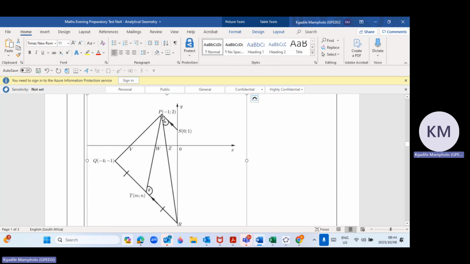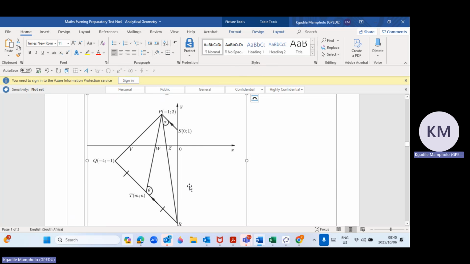You are given that these two lines are parallel, and when lines are parallel, gradients are equal. So because PS has enough information, let me use PS to get the gradient. Once I have the gradient from the line that has enough information, then the gradients are equal, because it was impossible to go straight here and find the equation.